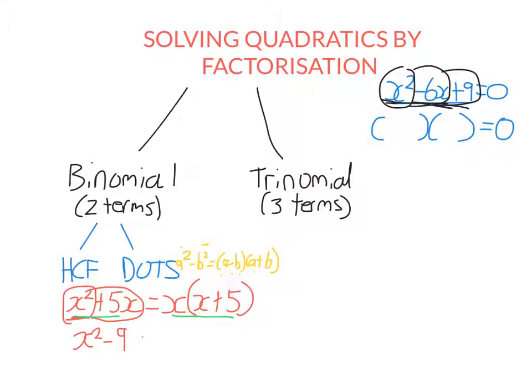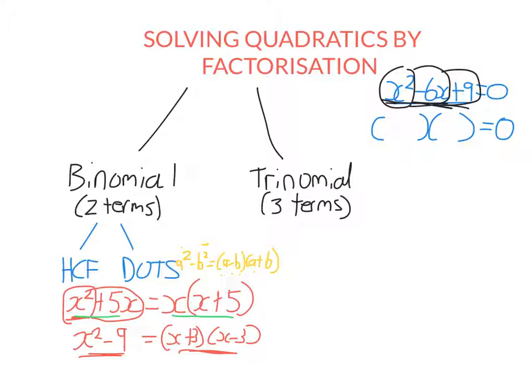So for x squared minus 9, we just get 2 brackets, square root of x squared, square root of 9, and then 1 gets a plus, 1 gets a minus. If you were to expand this using FOIL, binomial expansion, you would get this.